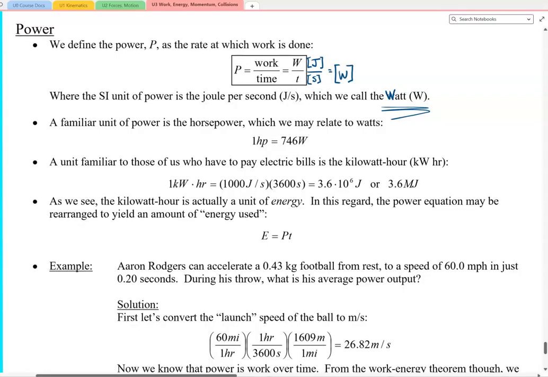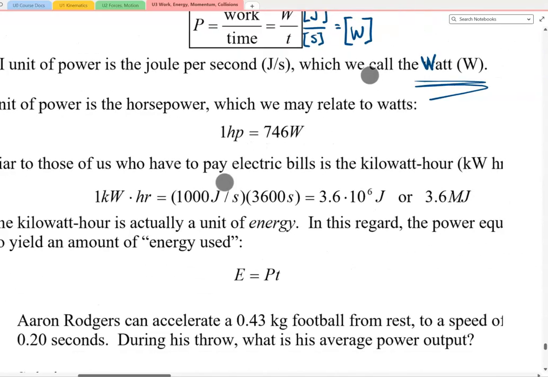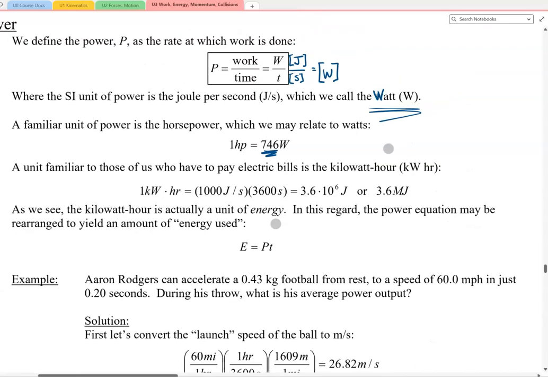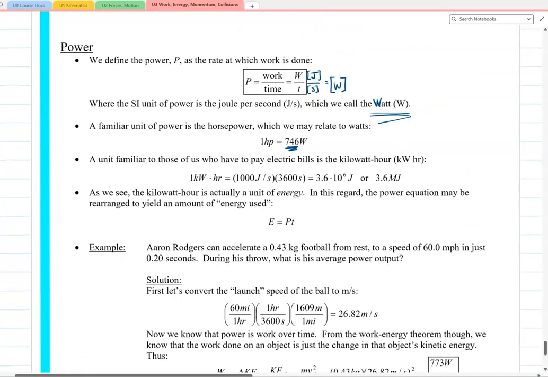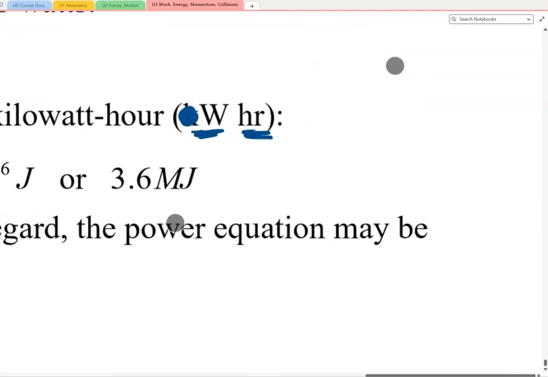Now, another common unit of power that we sometimes see is a horsepower, and I don't exactly know where this conversion came from, but 1 horsepower is equivalent to 746 watts. And when we start talking about electricity, you'll also see kilowatt hours or just plain watt hours as a unit of measure.